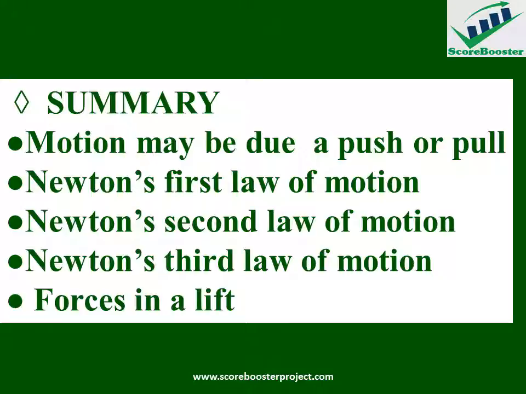The example we considered is that the momentum of the gun is going to be equal and opposite to that of the bullet. Therefore, the mass of gun times velocity of gun will be equal to minus mass of bullet times velocity of bullet.